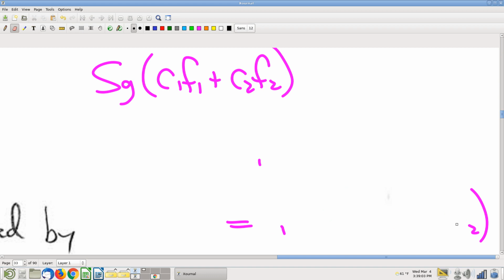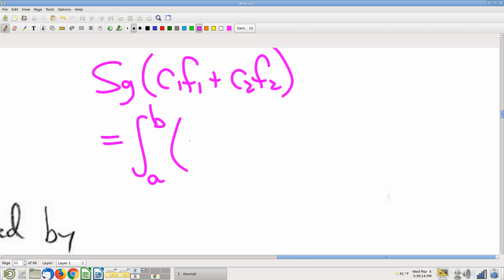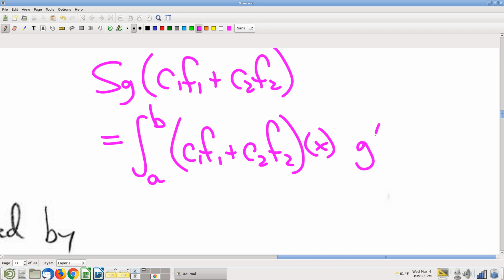It's a matter of doing it. Here we go. We have the integral from a to b of c1 f1 plus c2 f2 of x times g of x dx.